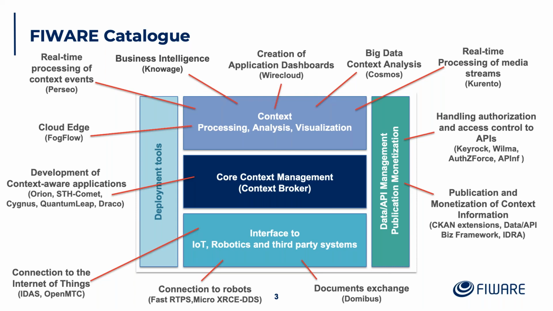But today we are looking at the box at the bottom, which is a connection to the Internet of Things via elements such as IoT Agents, IDAS, or you could use an alternative like OpenMTC. You could also abstract this idea out to connections to other elements in general, such as connections to robots and what have you. However, that will be the subject of another webinar later on in the series.